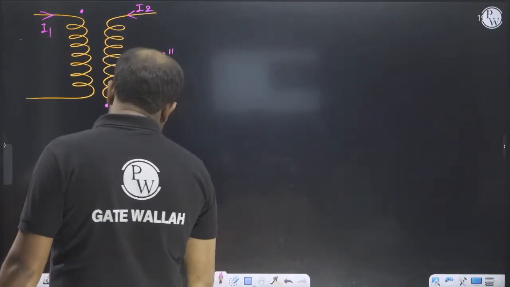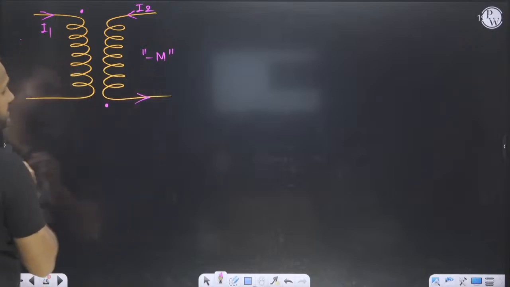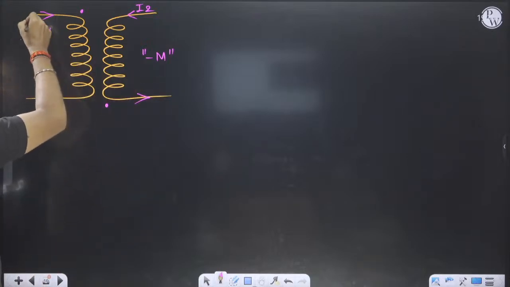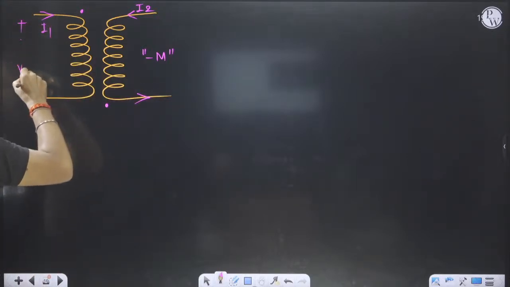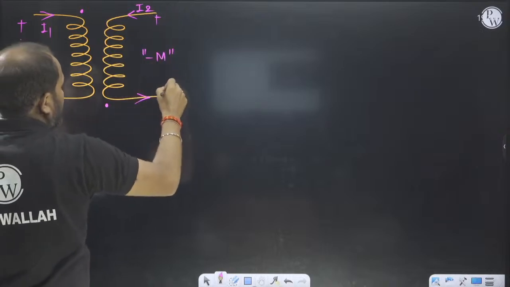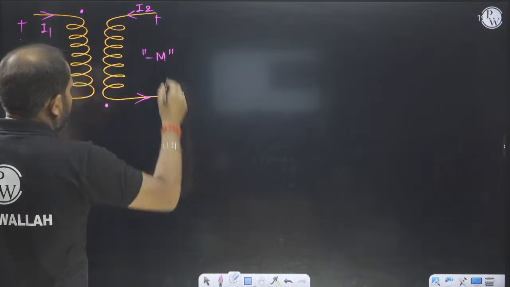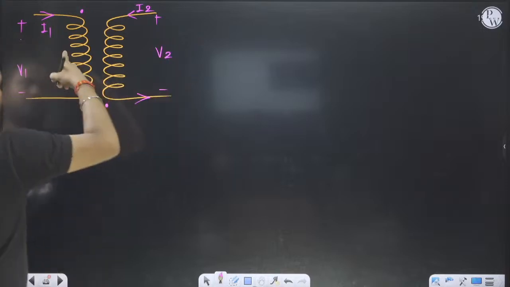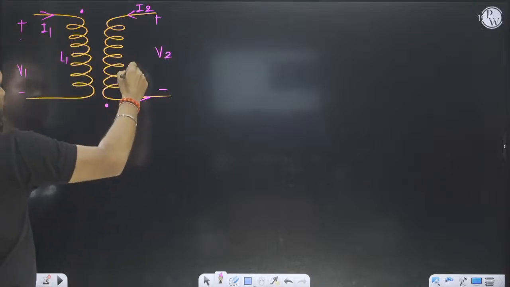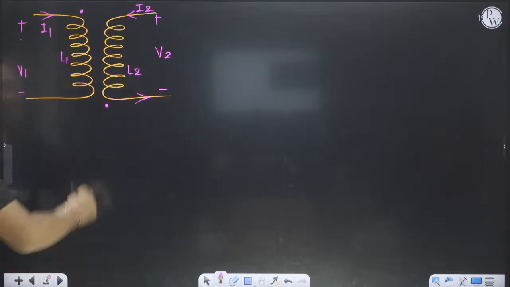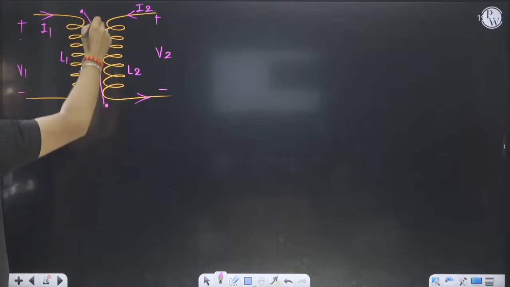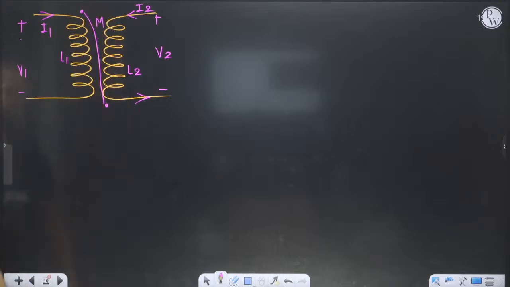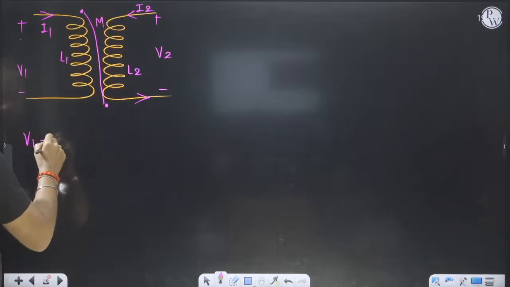For the minus sign, I will write this one is voltage V1 and this one is voltage V2. They have self inductance L1, self inductance L2, and mutual inductance M. First I will write V1.